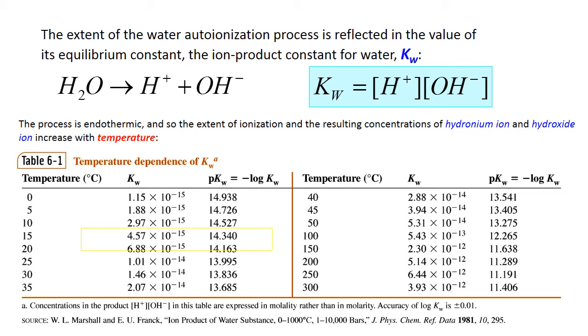So electric power plant people are very interested in that. Nevertheless, in the lab, we are interested only at room temperature. So 10 to the negative 14 is a good approximation for this class, for any purpose.